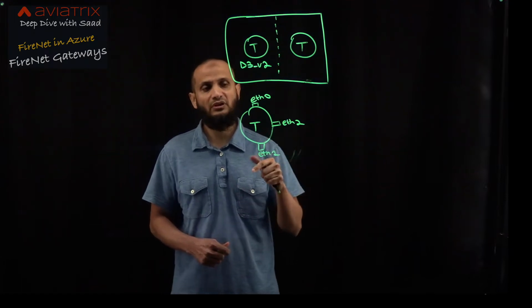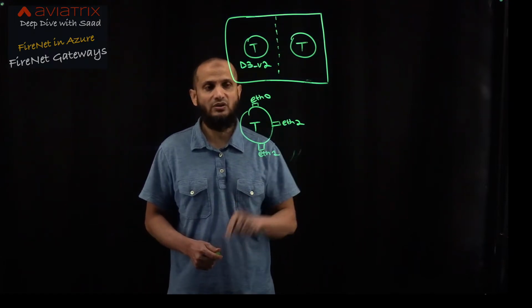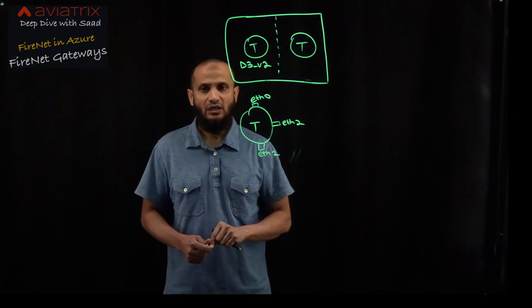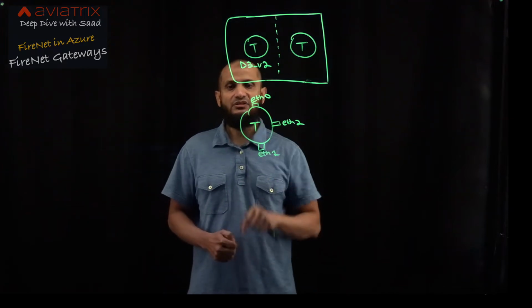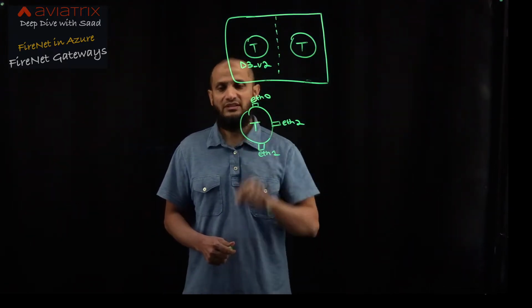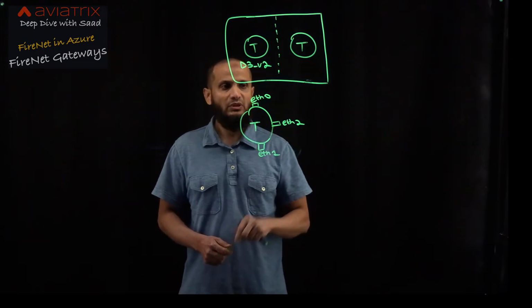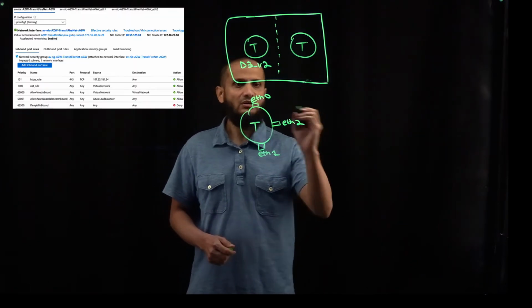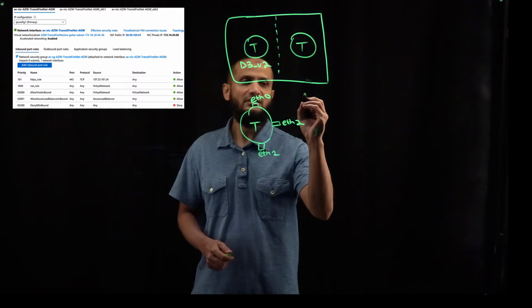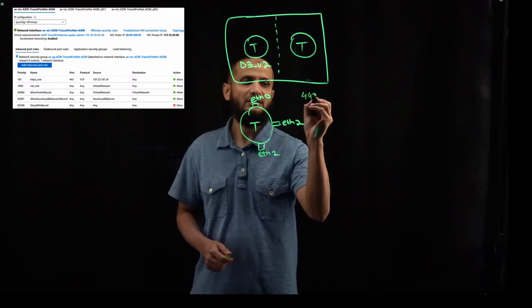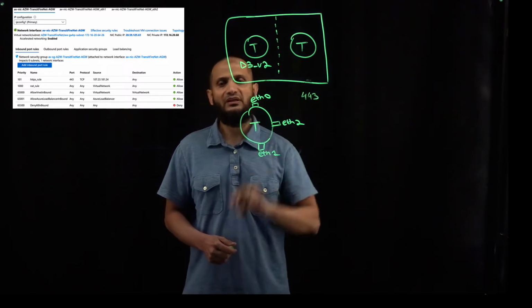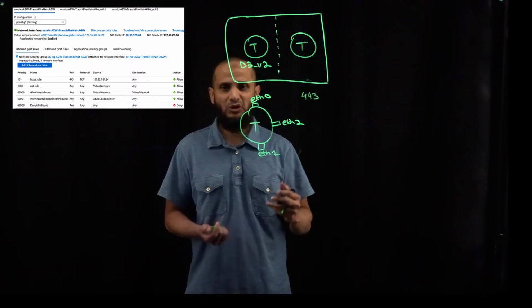So the controller communicates with the transit FireNet gateways on ETH0. The controller actually manages the NSG on this ETH0 as well. If you take a look at the NSG on ETH0, you will see port 443 is open from the controller IP, so it can communicate with that.